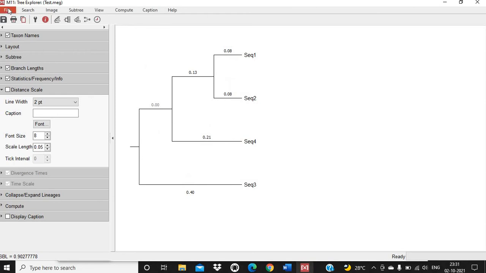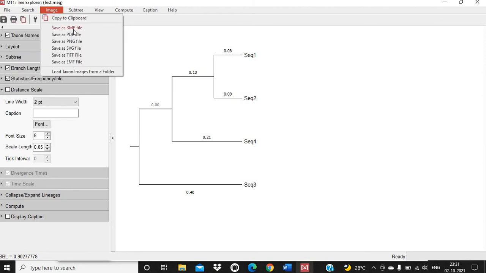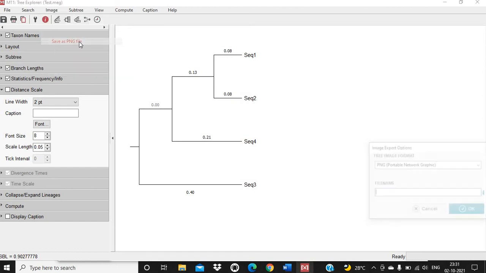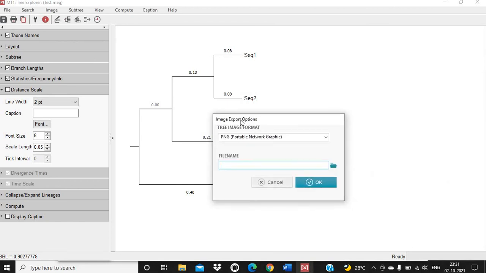You can also save the session, and you can save the image as a TIFF or PNG file. So let me save it as PNG.